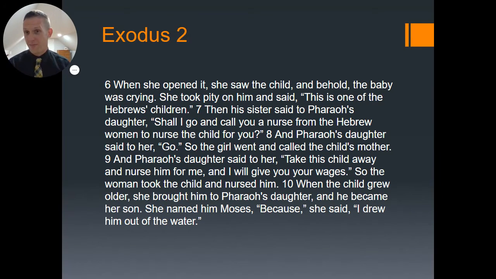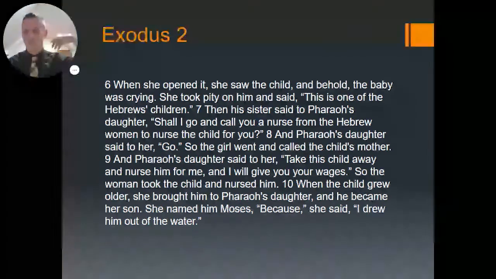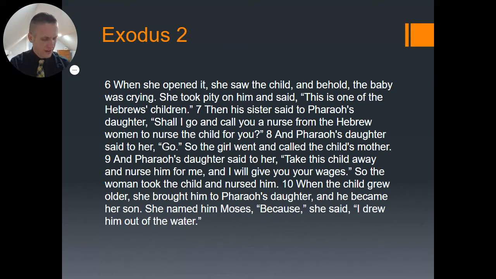But what seems to be the case is that Miriam and her family are sort of playing the daughter of Pharaoh here. They place their son in the reeds right where she goes down to the Nile to bathe. She finds him. When she finds him, she takes pity on him, and immediately Miriam says, "Well, you could hire a wet nurse. You could hire one of the Hebrew women to nurse the baby for you until he's ready to be adopted into your family." So they're placing that idea in the daughter of Pharaoh's mind right away.